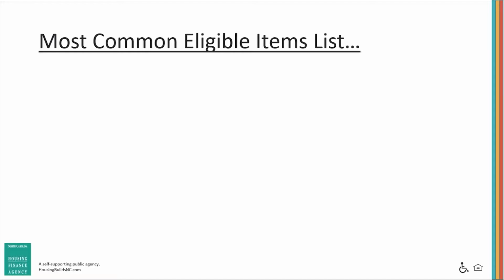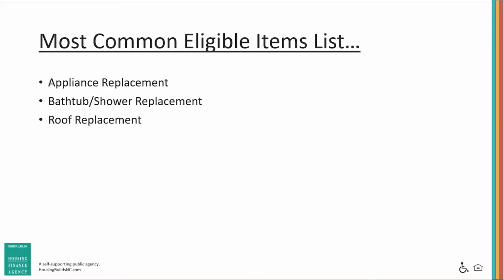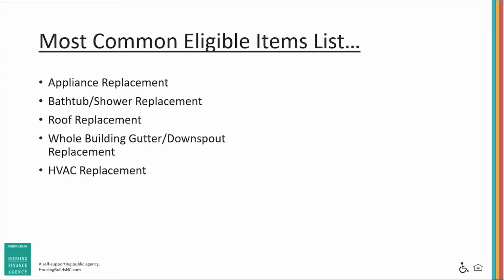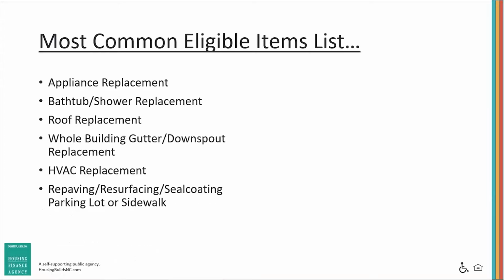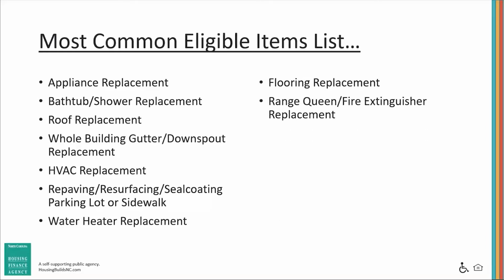Some of the most common eligible items would include things like appliance replacement, bathtub or shower replacements, entire roof replacements, replacing the gutter and downspout system on an entire building, HVAC replacements, repaving, resurfacing, and seal coating parking lots or sidewalks, water heater replacements, flooring replacements, range queen or fire extinguisher replacements.